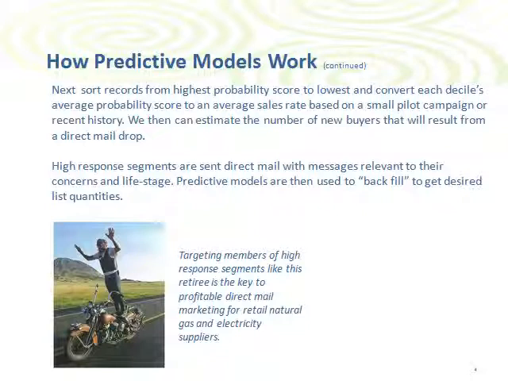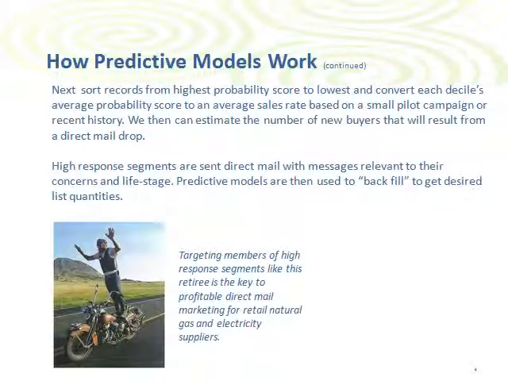In practice, after doing this a number of times, you'll tend to identify segments that tend to be high response segments. So what a lot of marketers will do is develop direct mail with messages relevant to the concerns and life stage of the members of that particular segment.